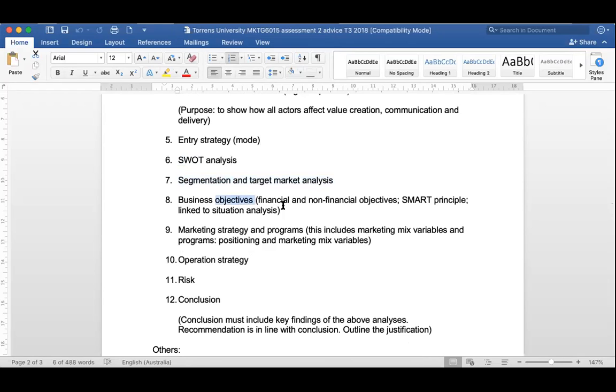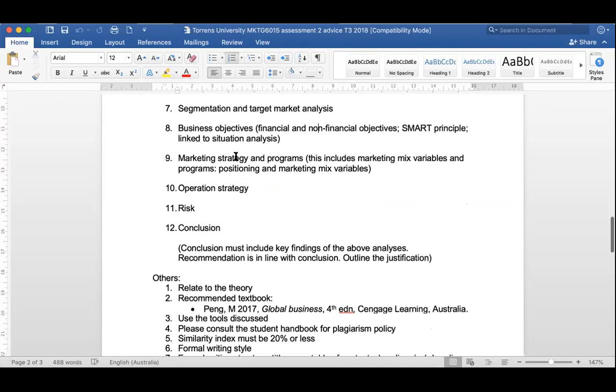Business objectives: I'm not going to talk a lot about that one, assuming it is fine for you to write the financial and non-financial objectives. But feel free if you need help, I'm happy to discuss that. Let's discuss it next Saturday, briefly, the financial and non-financial objectives using the SMART principle.